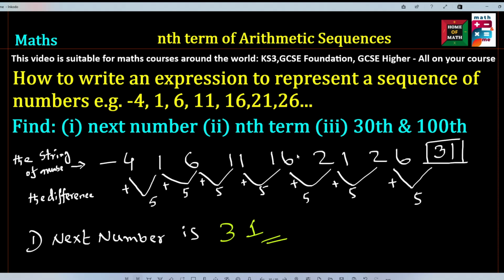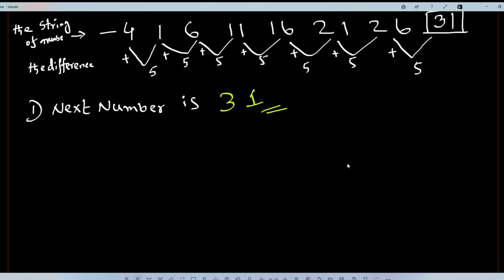Second, what is the nth term? If we want to find the nth term, we have to find the first, second, third term and so on. Look, before finding the nth term, we have to work out how we get the first term. The trick is we multiply every term number by the difference.